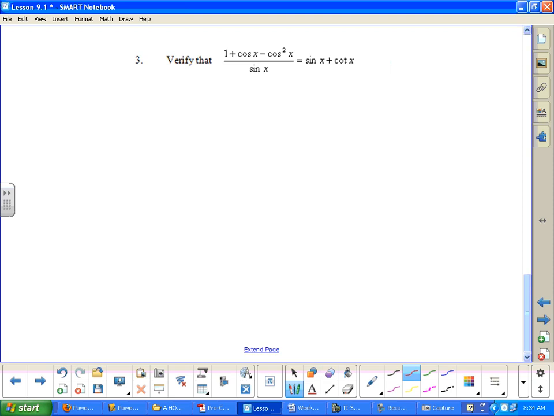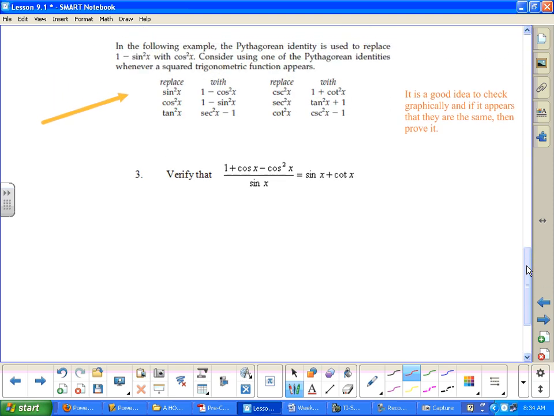We want to use identities where we can to simplify. So let's just focus on the left-hand side first of all. On the left-hand side, we've got 1 plus cosine of x minus cosine squared of x over sine of x. Now, look at this.